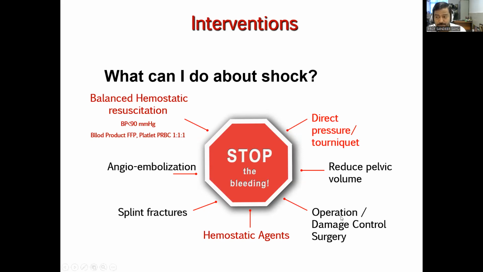Sorry, I have a URI, so my voice may be an issue. So damage control resuscitation and surgery is the goal. The role of the anesthetist, intensivist or clinician is in balanced hemostatic resuscitation, giving hemostatic agents, or doing early angioembolization.